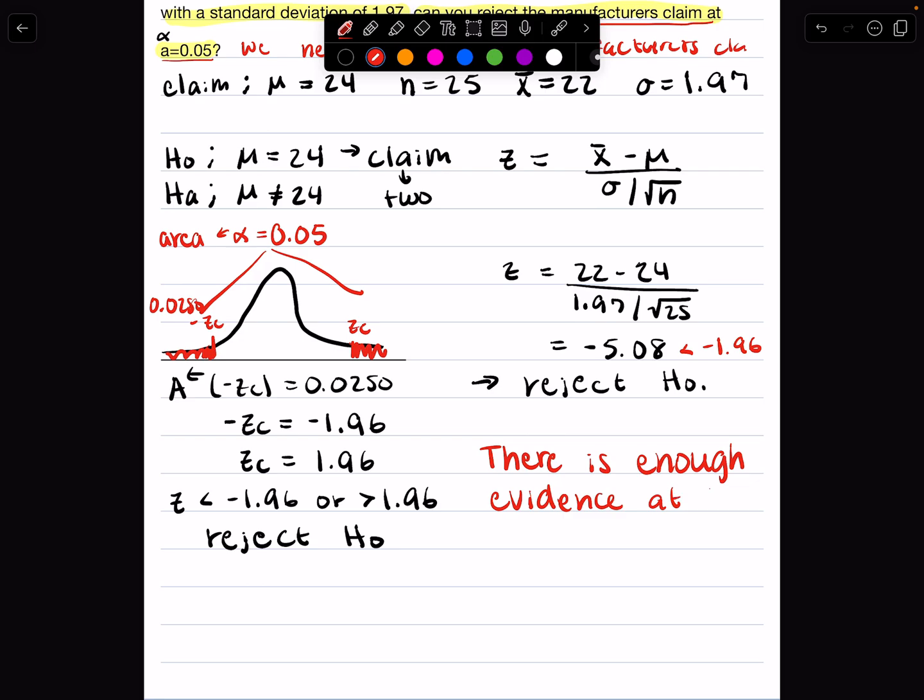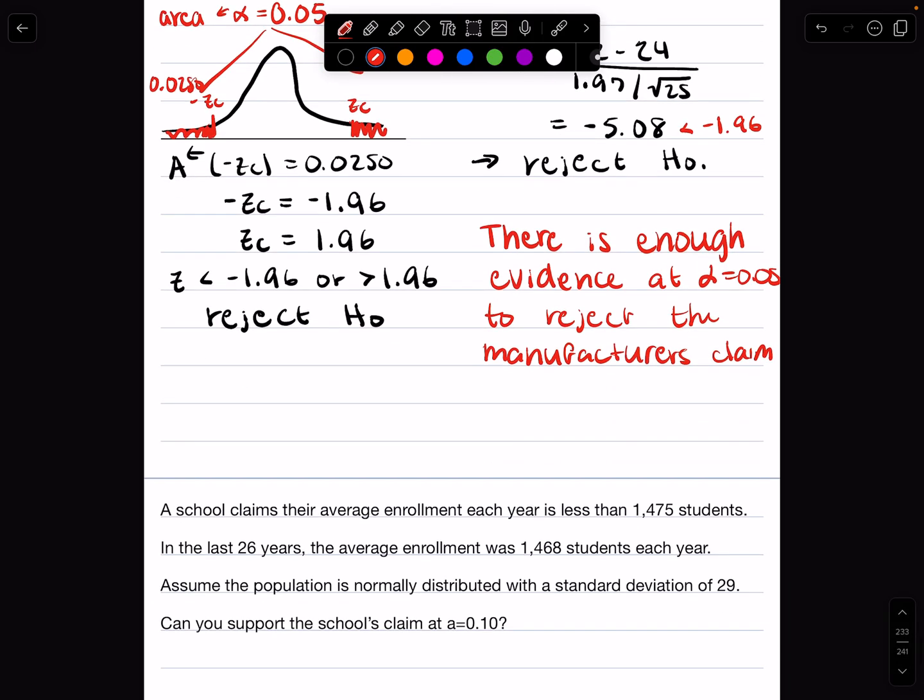at alpha equals 0.05 to reject the manufacturer's claim that on average allergy relief is 24 hours.